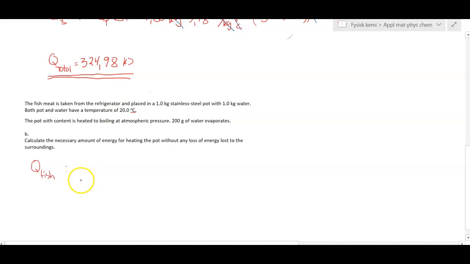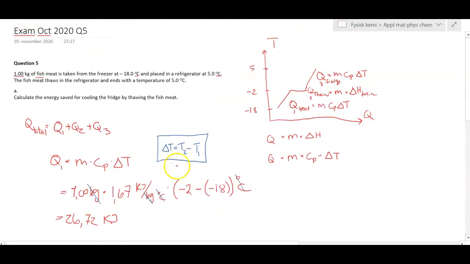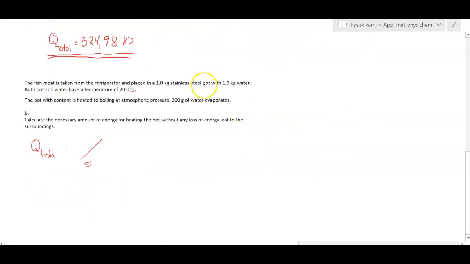Sometimes I just make this slanted line just like the diagram up here. But now we only have the diagram where we go from 5 and further up, up until 100 degrees. So this dotted part, sometimes I like to just draw that. So we have a mini chart here. So we go from 5 to 100 degrees. So we can see we have no phase change here.